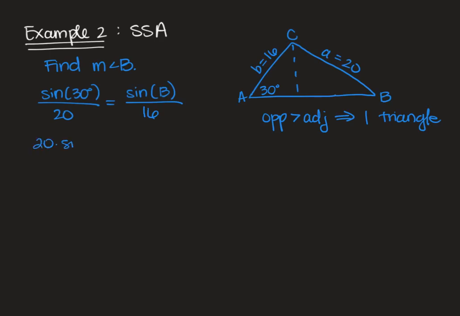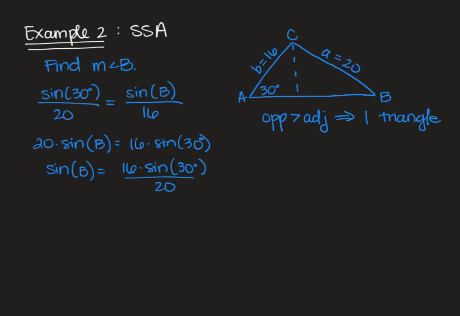We cross multiply, and divide both sides by 20. So we get sine of angle B equals 16 times sine of 30 degrees over 20.